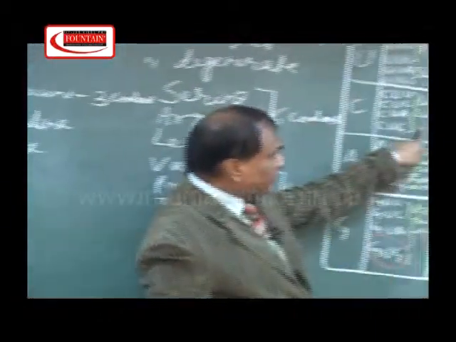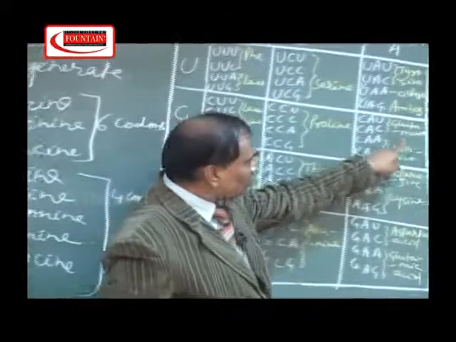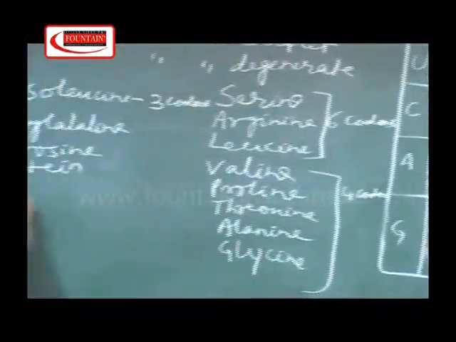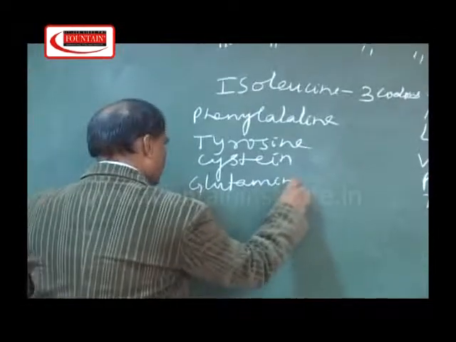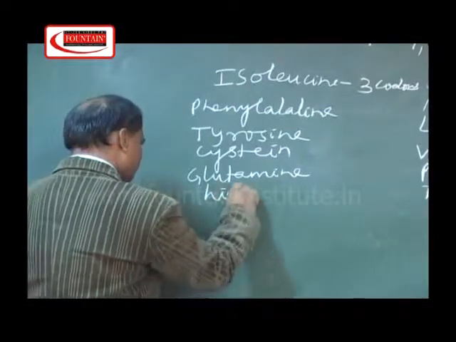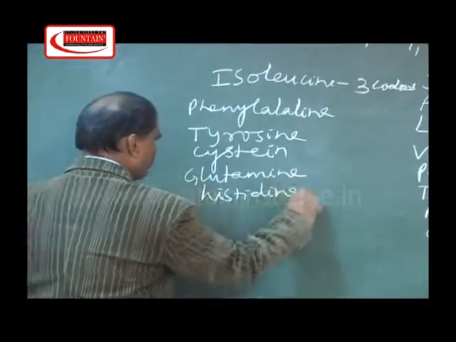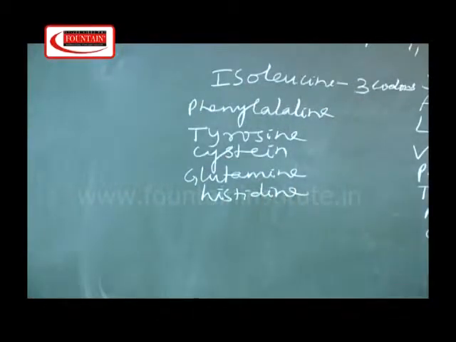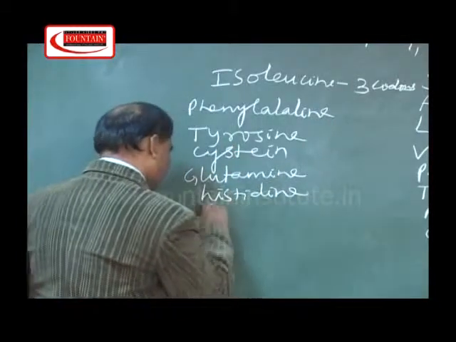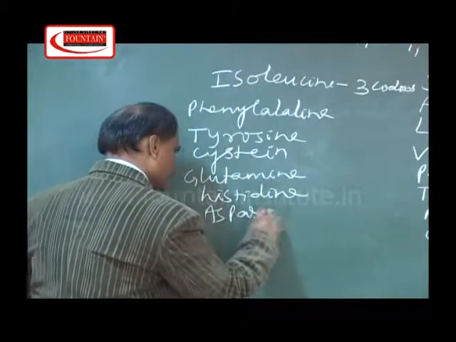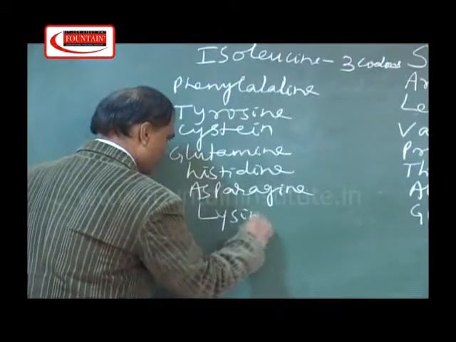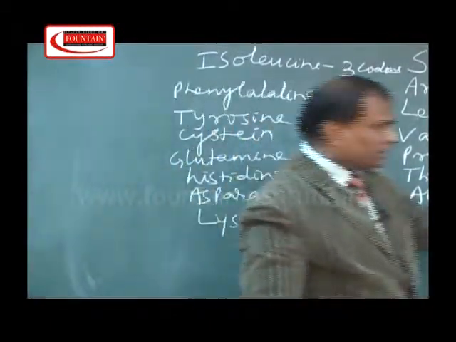Whereas in this second row, glutamine and histidine. In this, asparagine and lysine. This also has 2 codons.